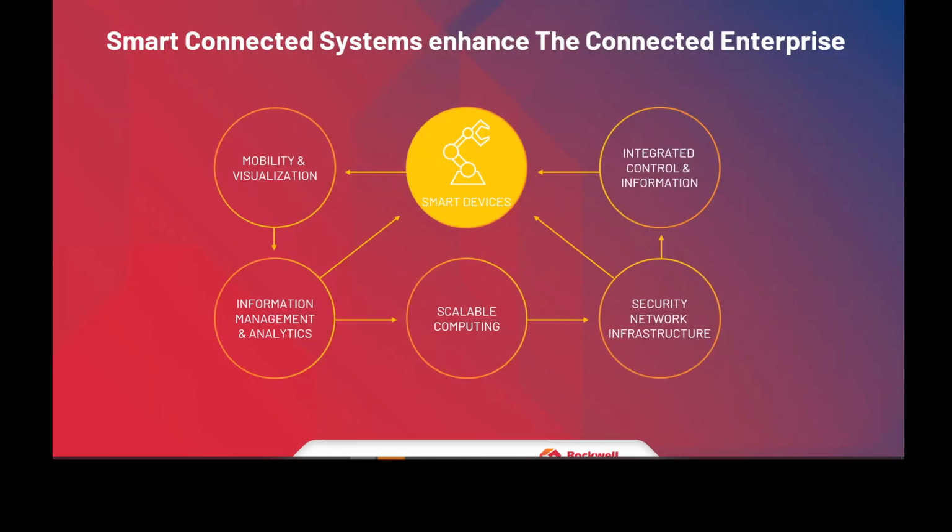When we look at a smart connected system, these are the 6 things that might be contained in a typical smart system. It really starts with smart devices, even down at the sensor level. Now we have IO-Link that allows us to get more information from sensors, and whether it be a servo drive or a PowerFlex variable speed drive.